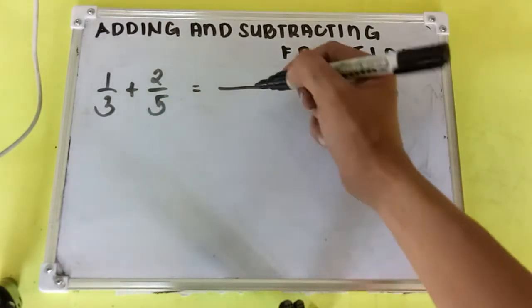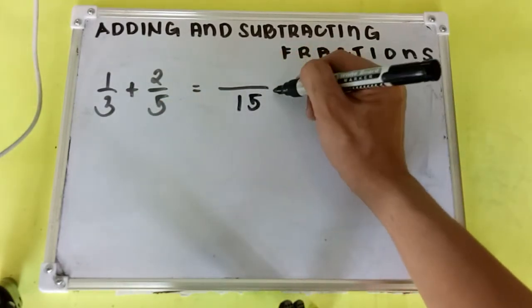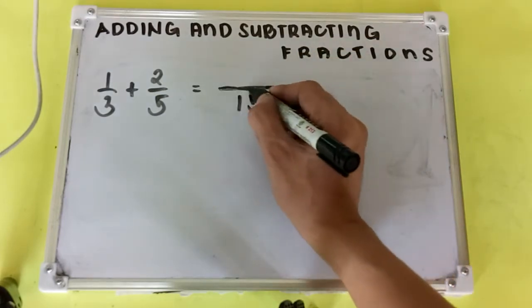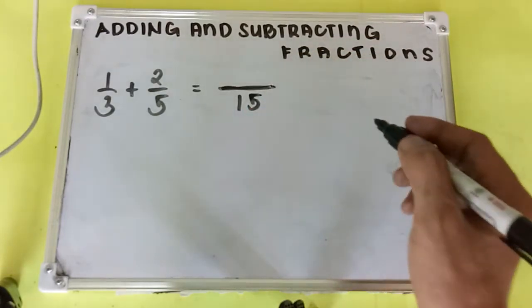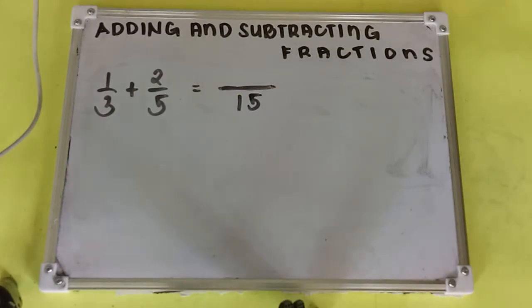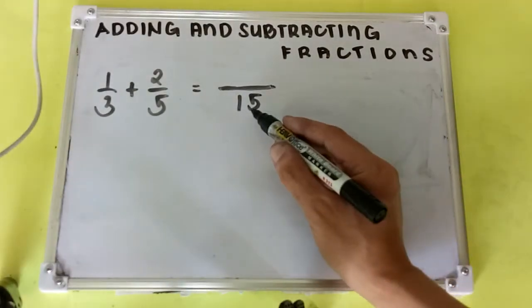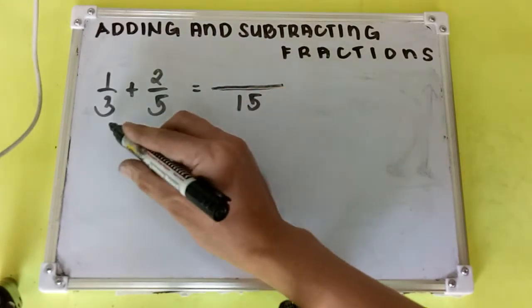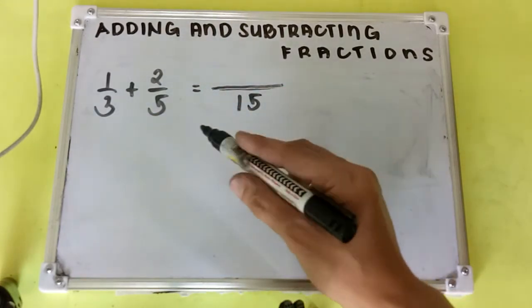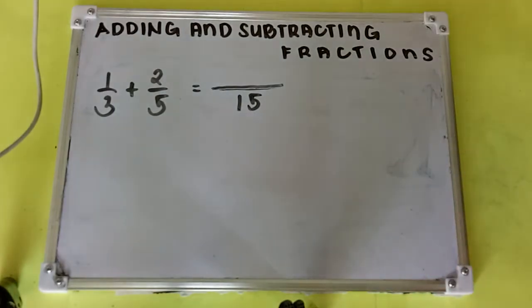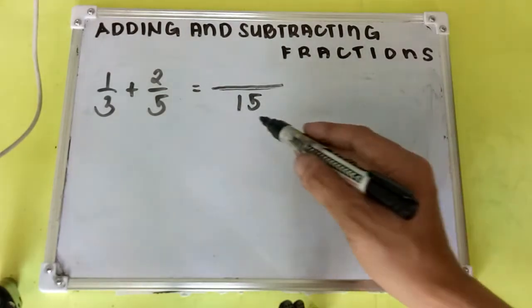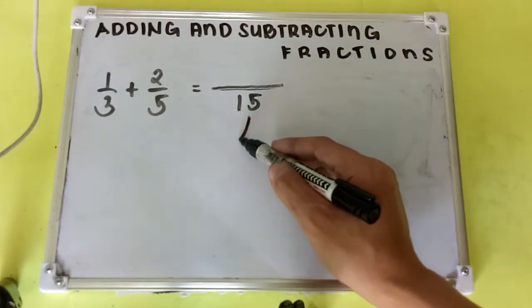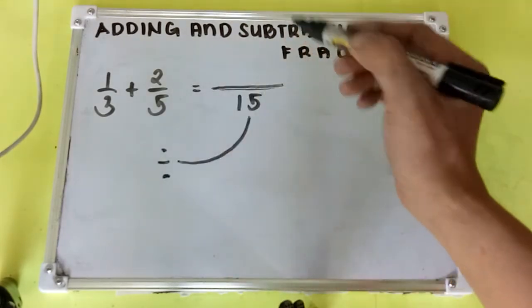So 3 multiplied by 5 is 15. So hindi na tayo gagamit ng LCD, least common denominator. So yung denominators, imumultiply lang natin. So next, 15 divided by 3.